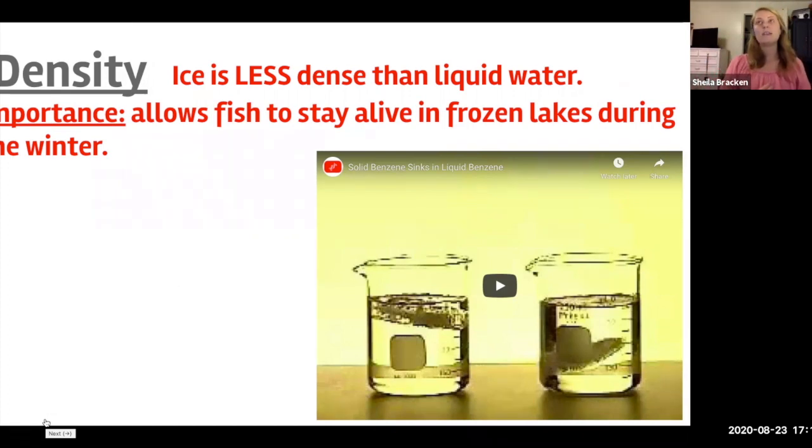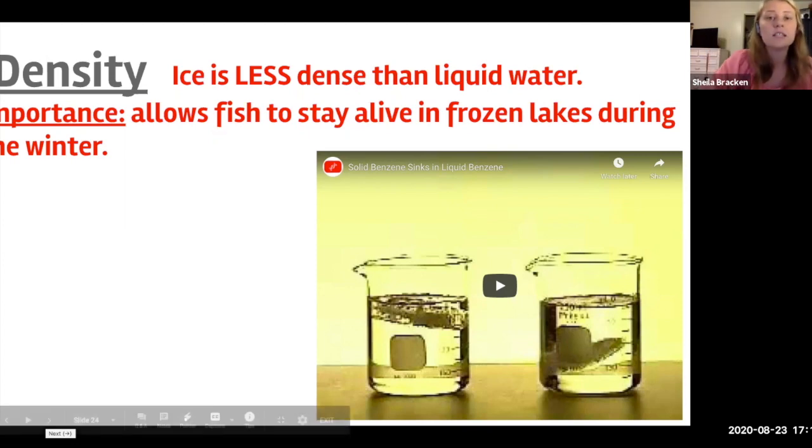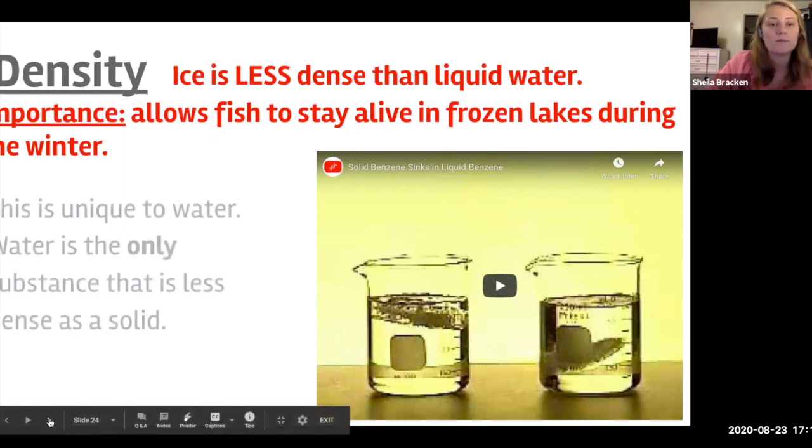Now, if the ice froze and it sunk to the bottom, every year that would happen, right? It would just freeze and sink, and then eventually the whole thing would be frozen, right? But because it floats and the water is warmer down here, the fish can continue to live in the water.